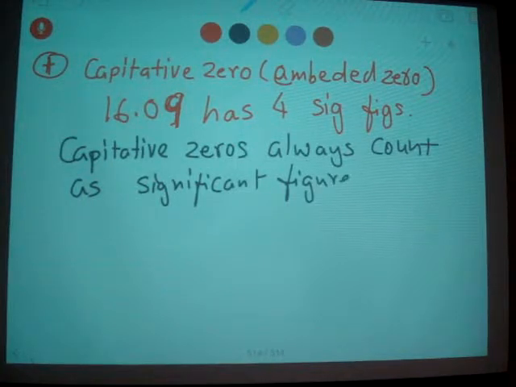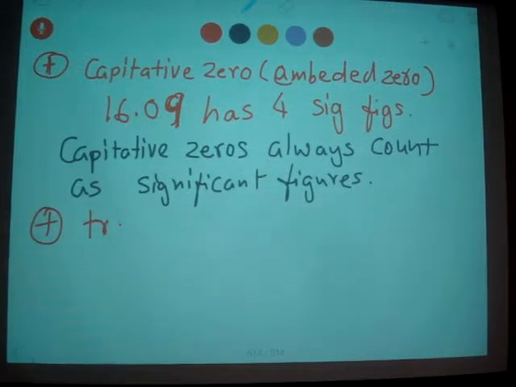So that's another class of zero. Now we talked about leading zeros and captive zeros. Now we'll talk about trailing zeros.